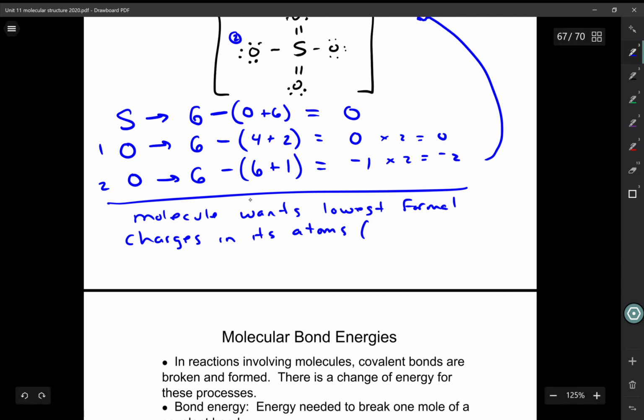Now, lowest meaning closest to 0. So it doesn't want to go any farther negative or positive.